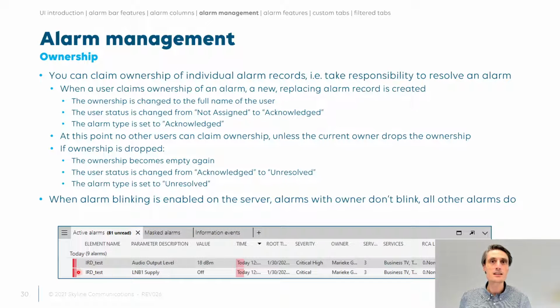So if you use alarm ownership, that's a clear indication if an alarm is already taken, has already an owner or not. So a new alarm pops up, it blinks, you take ownership, it stops blinking. So if it stops blinking, it's clear somebody is already taking ownership of that.